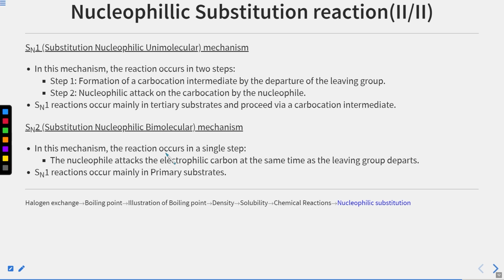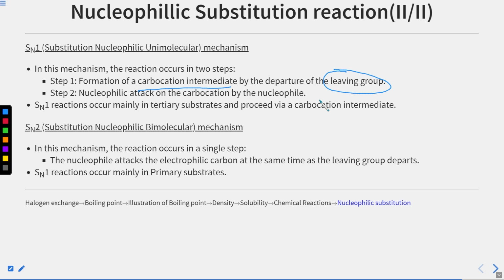So first of all, there is a formation of an intermediate by the departure of the leaving group. This leaving group will also play a very important part in this chapter. First the carbocation intermediate forms and the leaving group departs. In the next step, what happens?